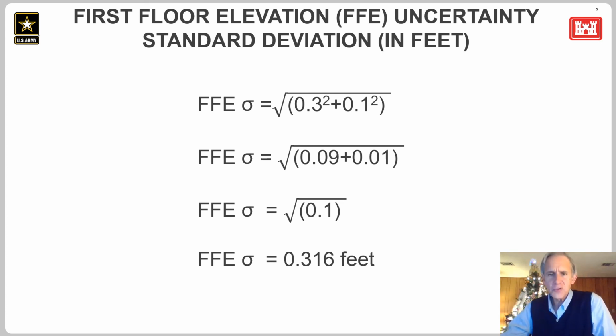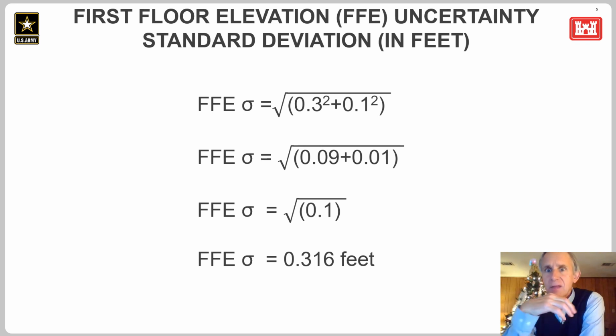That formula shows the first floor elevation uncertainty is 0.316. That is what we would enter into the HEC model for the uncertainty surrounding the residential and non-residential structures if you used a 2-foot contour and a hand level from 50 feet.